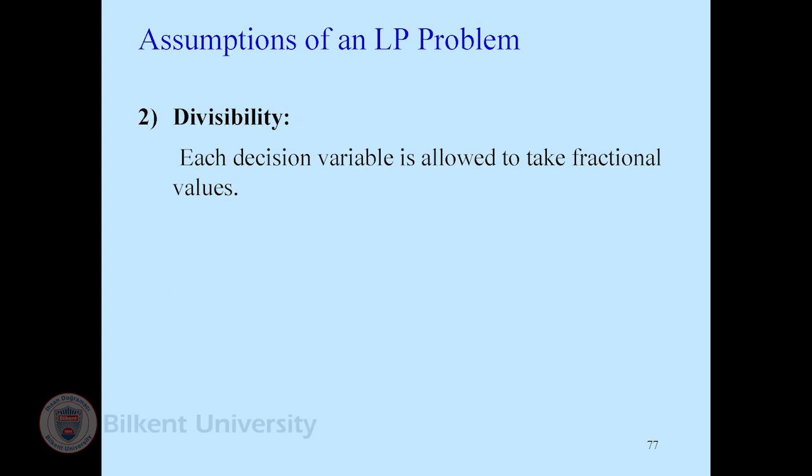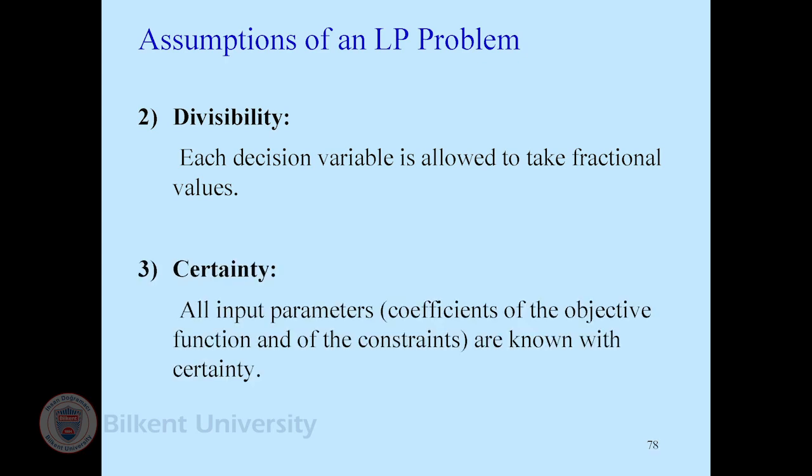Divisibility. This means decision variables can get fractional values. It's liters. I could say I produce 2.5 liters of regular fat milk and 10.5 of low fat milk. It's fine. That was allowed in the previous case. That is called divisibility. So we have proportionality and additivity, divisibility, and finally we have certainty.